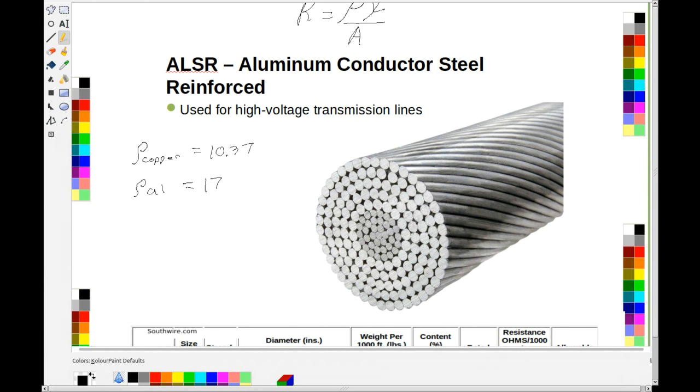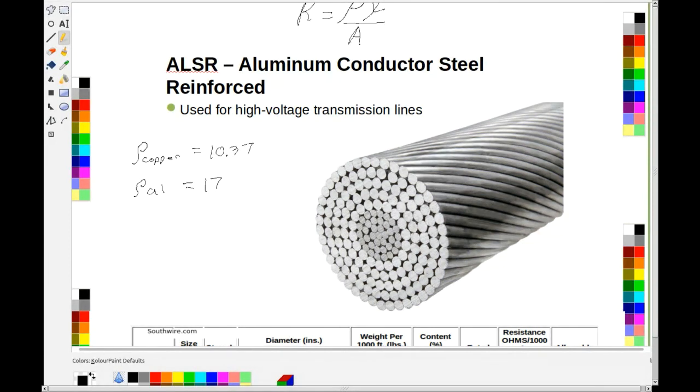So why do we use aluminum? Well, aluminum is much cheaper. It's much more abundant. It's actually the most abundant metal on the planet. So it's readily available, which means that it's cheaper. That's part of the reason.